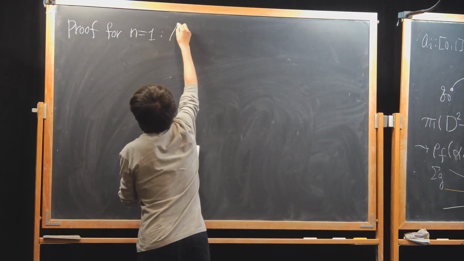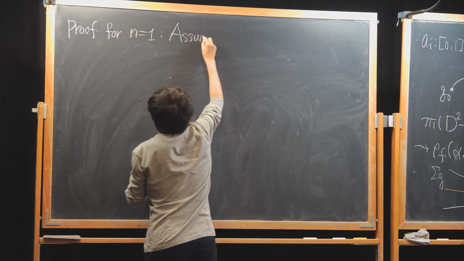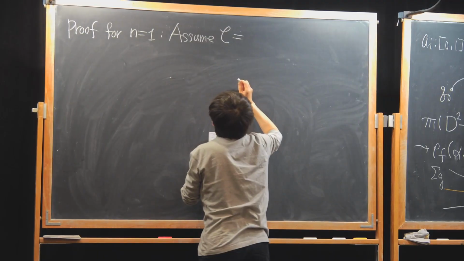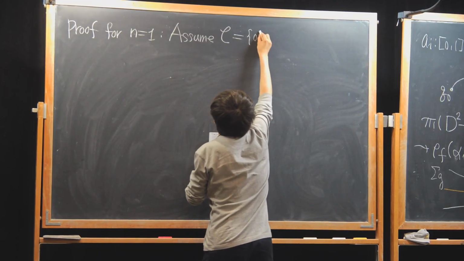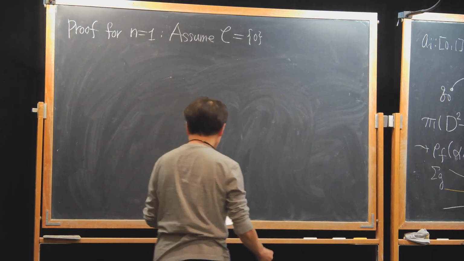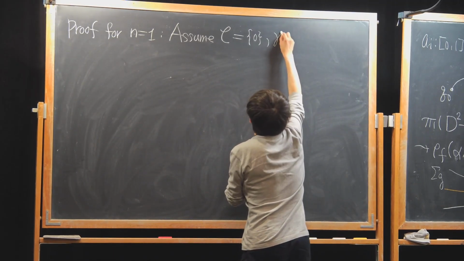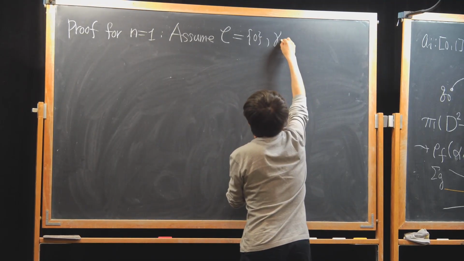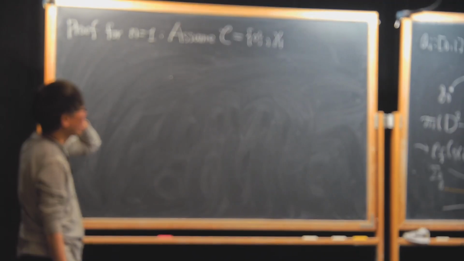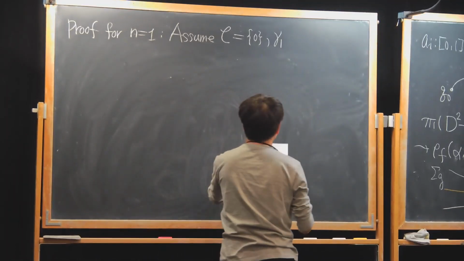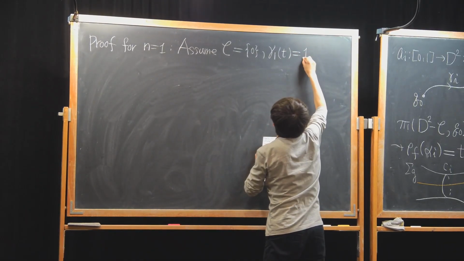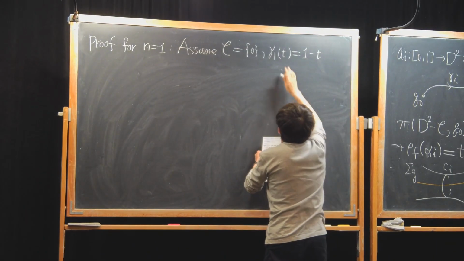So we can assume that the set of critical values is zero, and a Hurwitz system, the Hurwitz system consists of a single path, gamma 1, and it is 1 minus t, so we can assume this.